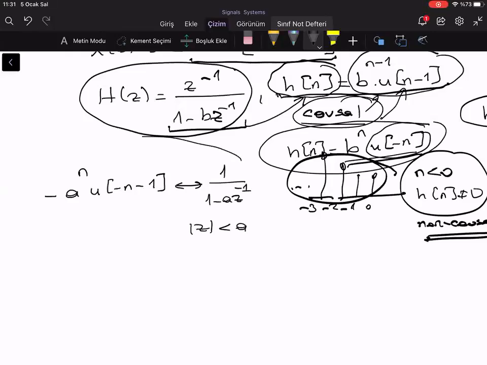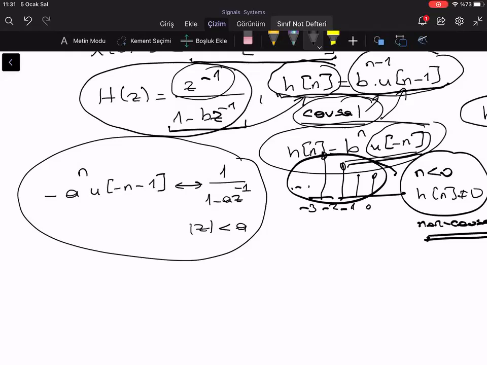Do you remember this left-sided sequence z transform? This was the left-sided sequence z transform. So when you check this part without the z minus 1, what do you say? What is the inverse z transform of this h of z then, if it is left-sided?